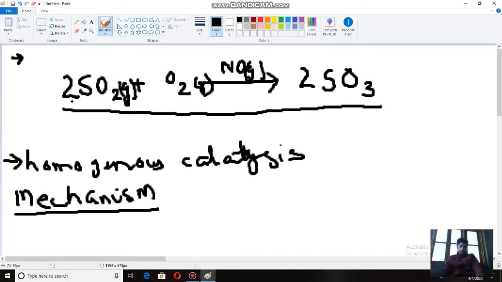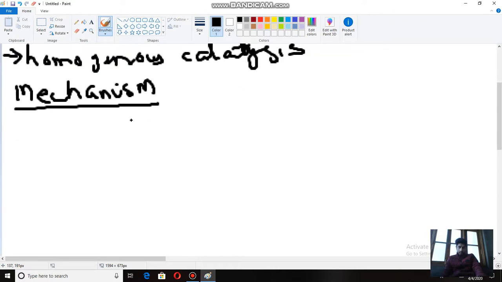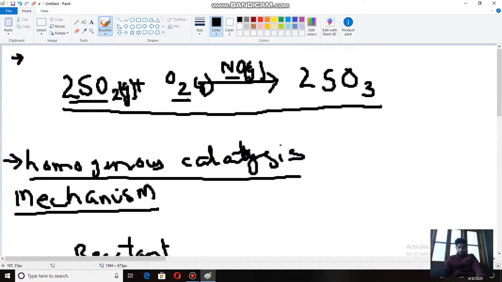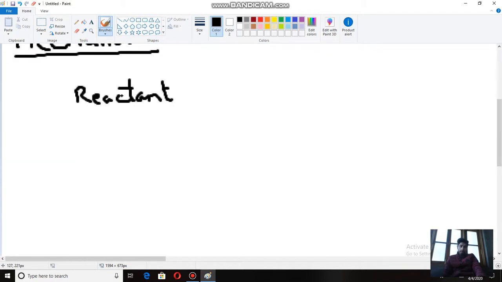See, all the reactants as well as the catalyst are present in the same phase, then it's known as homogeneous catalysis. First, any of the reactants, either A or B, let's say this A or B, tries to react with this catalyst, and they form an intermediate compound.